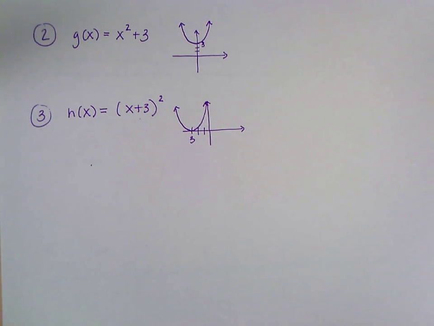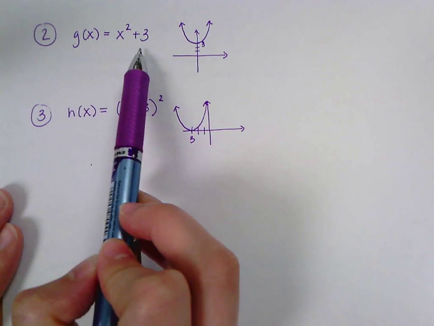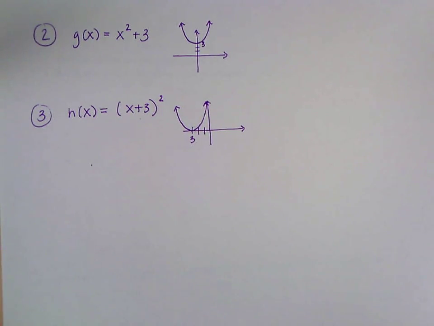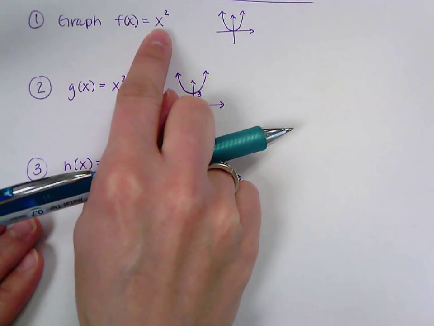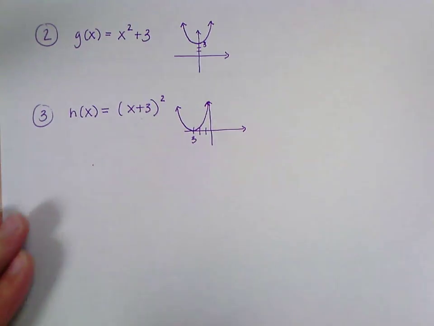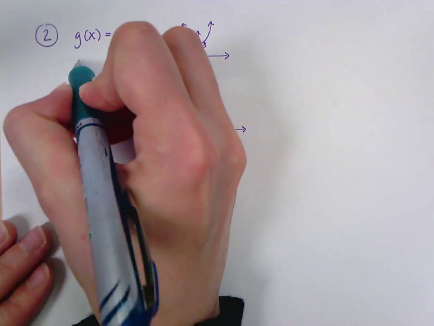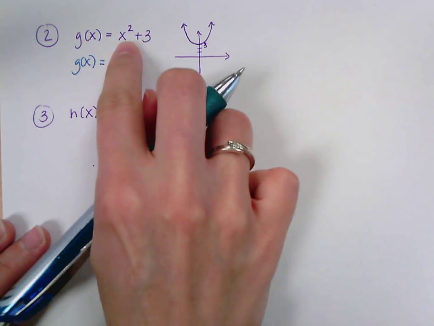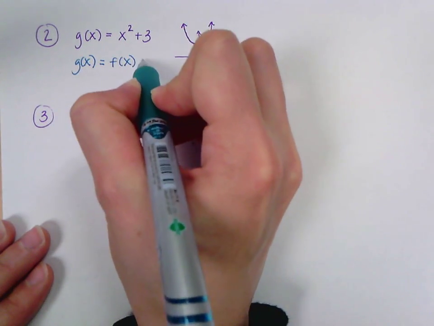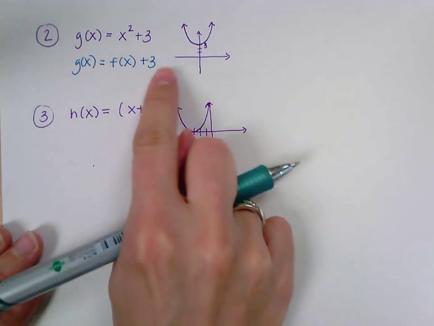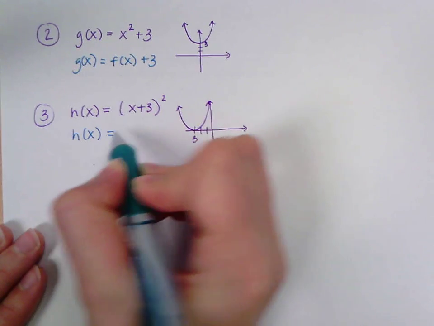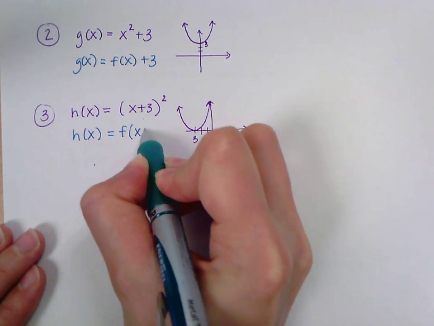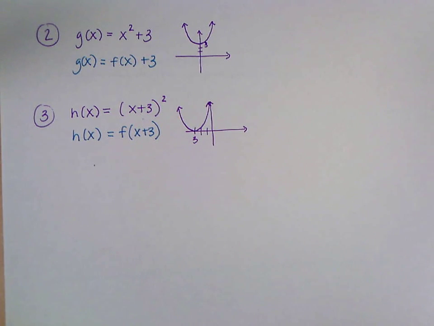I'm also going to write on here another way to express this. Maybe I'll use a different color. I'm going to go back up to number 2. So if you see things written like that, or h of x, this would be written like f of x plus 3.